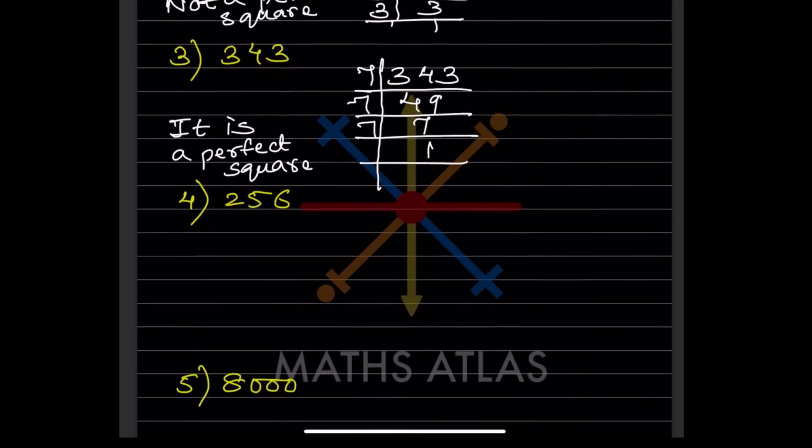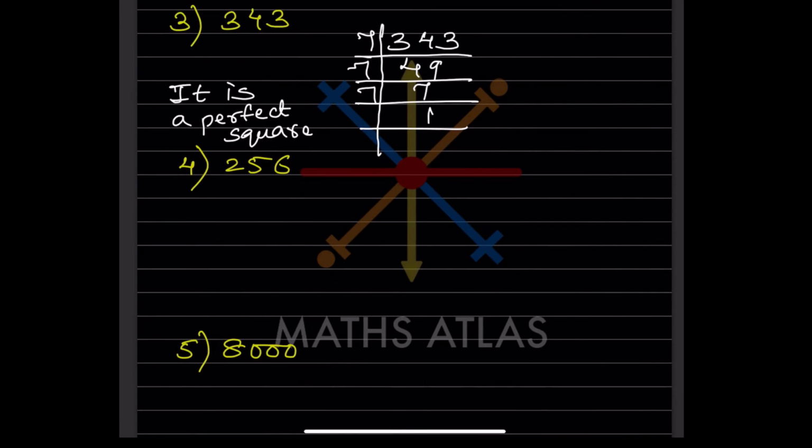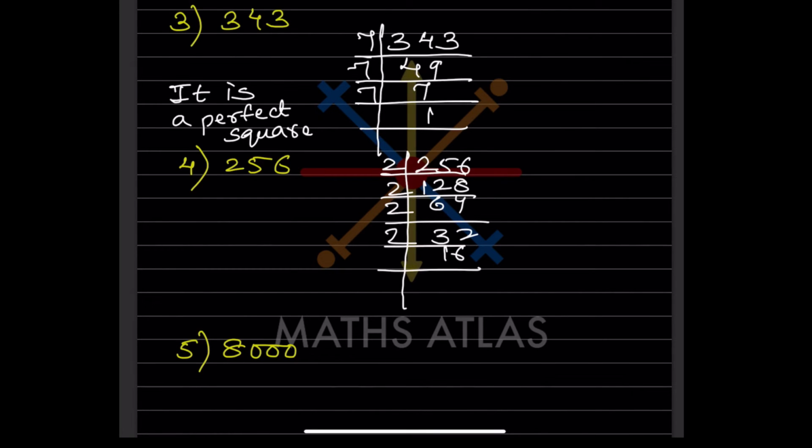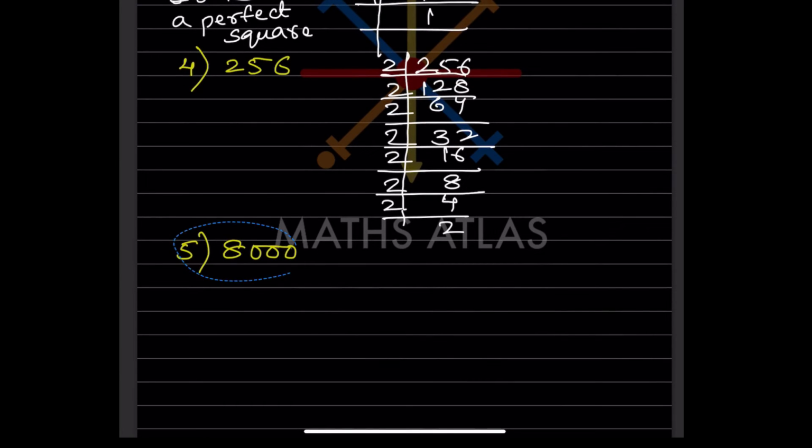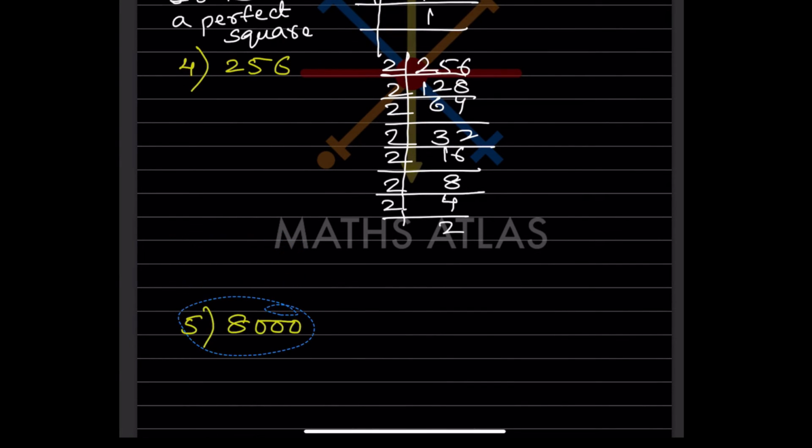So the next one now is 256. This goes with the number 2. Then 2 128s are, 2 64s are, 2 32s are, 2 16s are, 2 8s are, 2 4s are, 2 2s are, and 2 1s are.